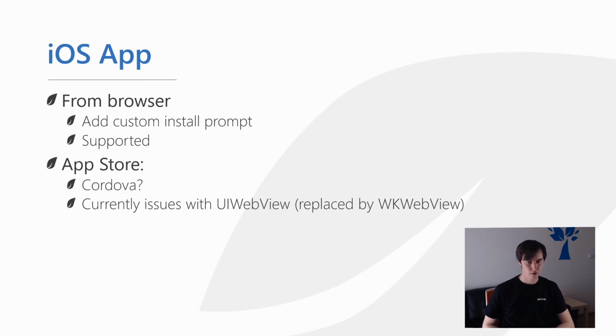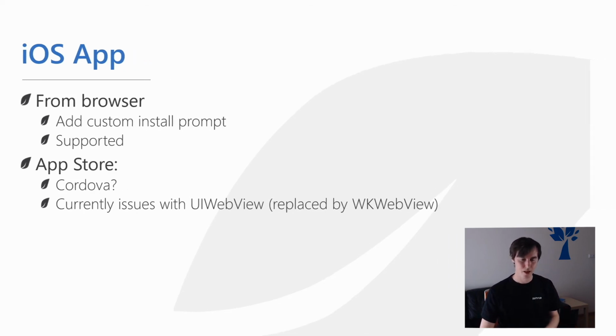So we have a few applications of our clients running out there which are in the App Store, which use Cordova, and they run just fine. But right now it's impossible to use this technology to get into the App Store. So this is a bit of an issue which we will definitely work at fixing, but right now it's in this state, so I need to tell you this in order to have the complete information for you.